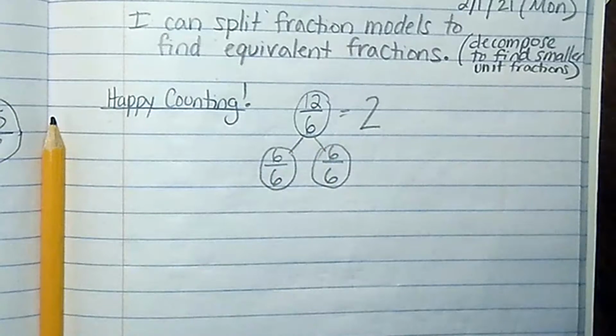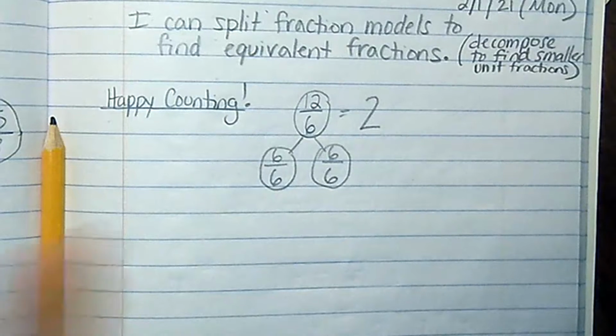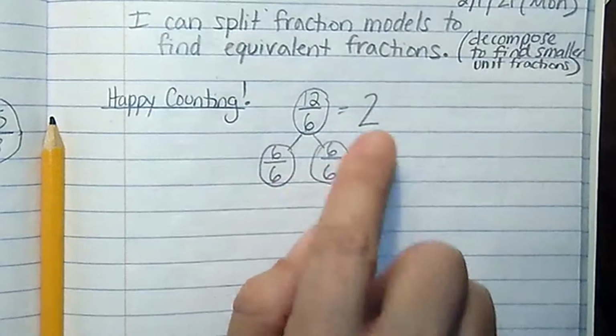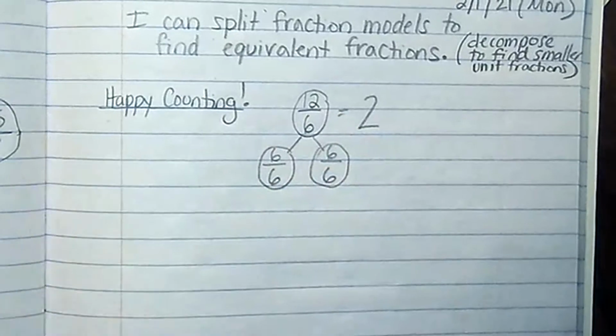Go. 0/6, 1/6, 2/6, 3/6, 4/6, 5/6, 7/6, 8/6, 9/6, 10/6, 11/6. And I clapped because we got to 12/6, which is equal to 2 groups of 6/6, or 2 wholes. We'll come back to that in a little bit.